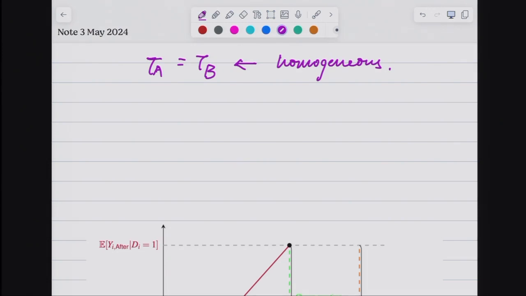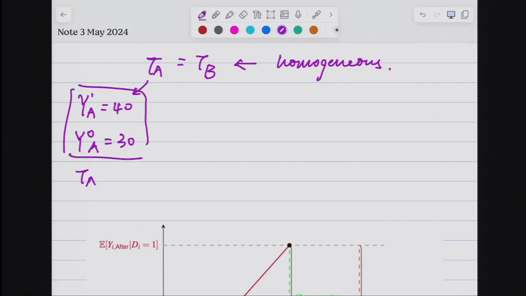But having the same treatment effect doesn't necessarily mean that their treated state outcome and untreated state outcomes will be the same. It could be that for individual A, the treated state outcome, let's say it's 40, and the untreated state outcome, let's say it's 30, then that brings the treatment effect to 10.